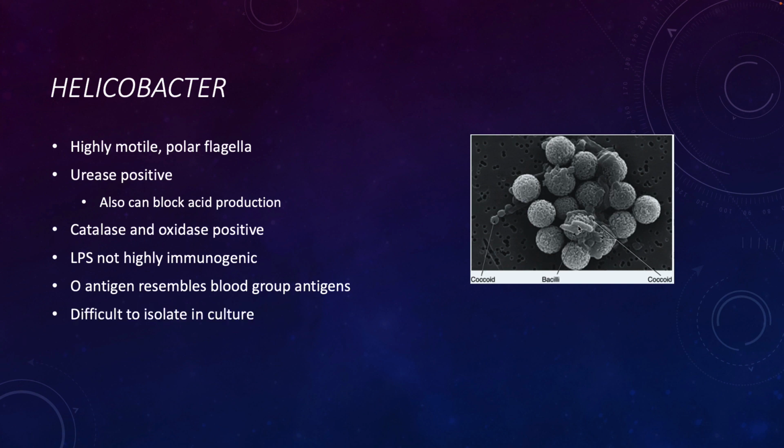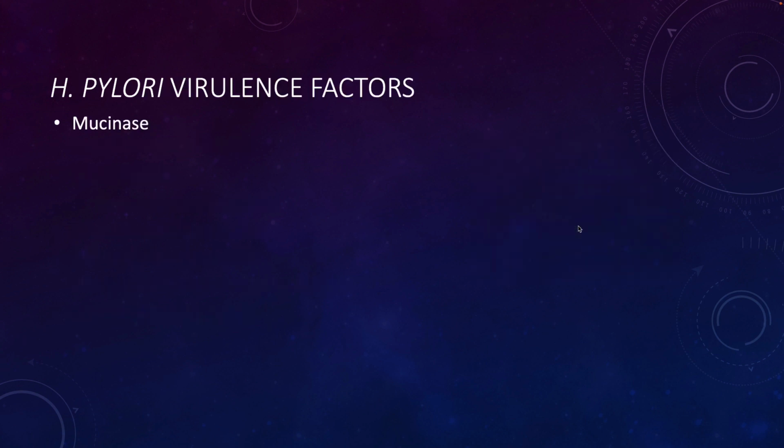So the body sort of recognizes Helicobacter as self instead of as an invader. This bacterium is difficult to isolate in culture. It is very small, a lot like Campylobacter, so it would be filtered out normally using a standard filter, but it has specific growth requirements that are just really tricky. It produces a number of different virulence factors, particularly Helicobacter pylori, the species that will colonize the stomach.